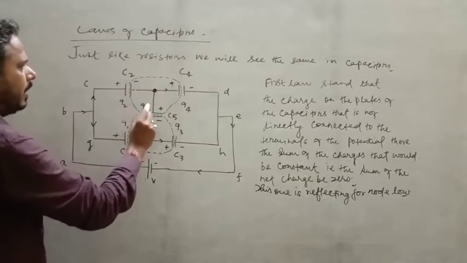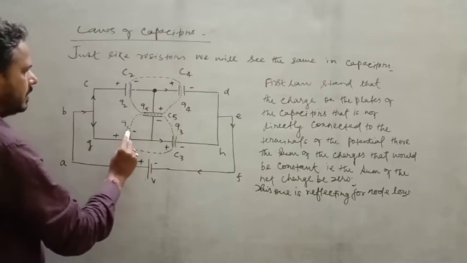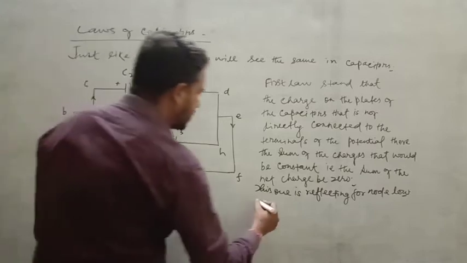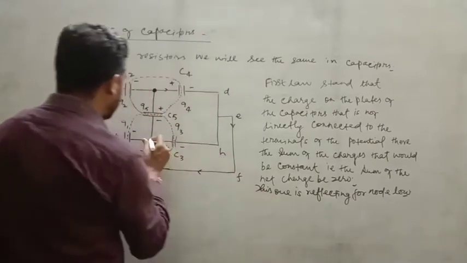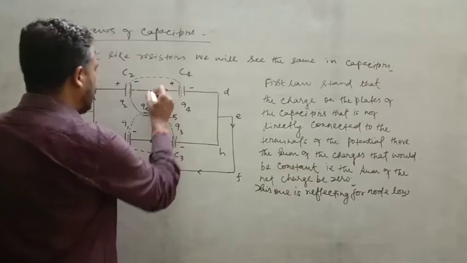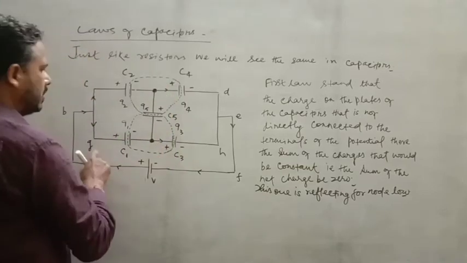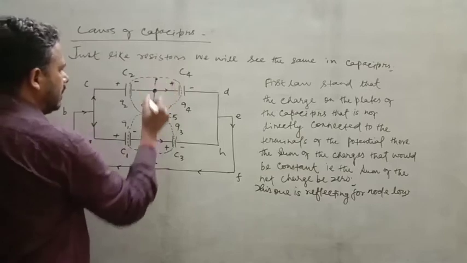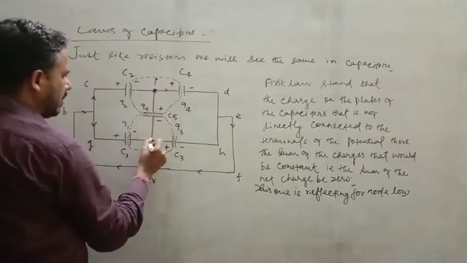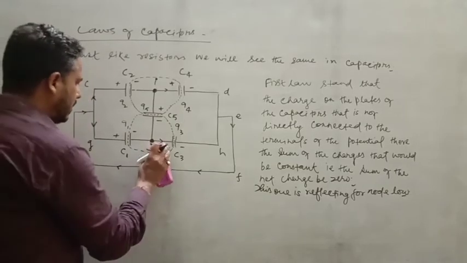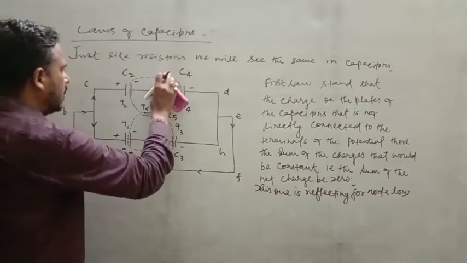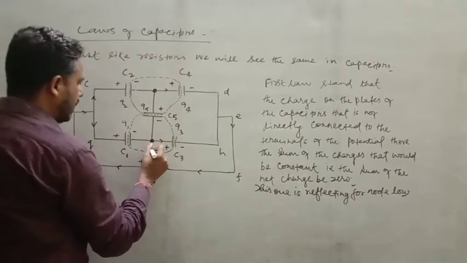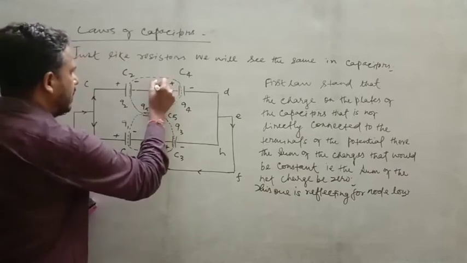Now Q1 for this plate is negative, so minus Q1. Just like this node, for this node you can also write. This point is just like I and this point is just like J.